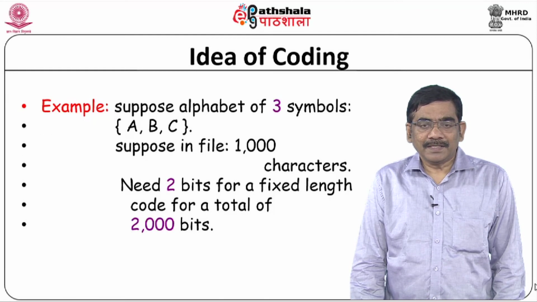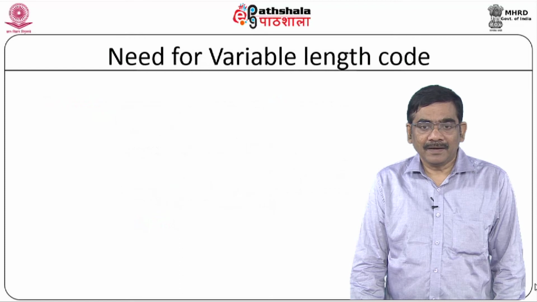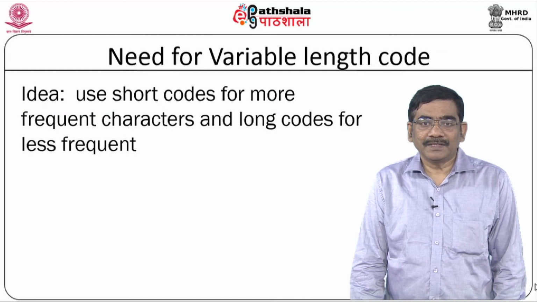So, the logic is very simple. Why can't we go for a variable length code where every symbol will not have a fixed address, but rather a variable address? We require some sort of methodology for that, and that is given by Huffman. The idea is very simple. We will use short codes for more frequent characters and long codes for less frequent ones.